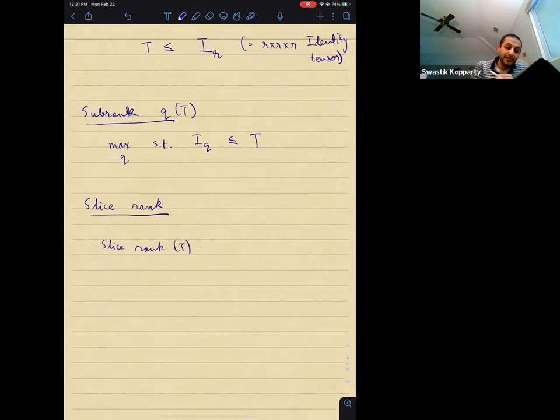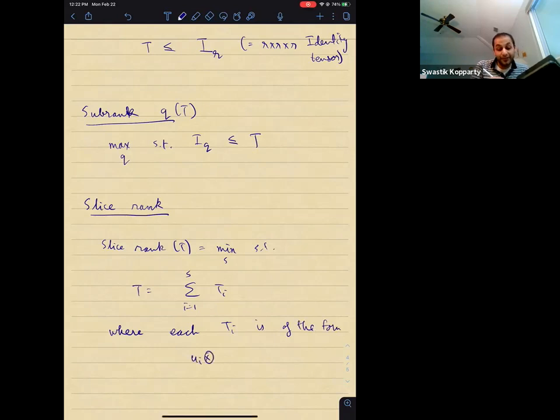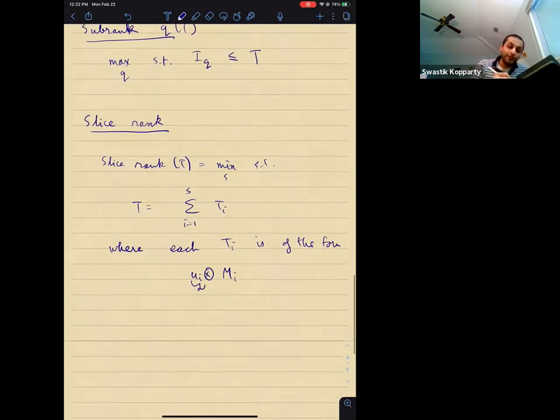of a tensor T is the smallest S such that T is the sum, i going from 1 to S, of things of slice rank 1. Okay, and so T_i, where each T_i is of the form U_i tensor, so this is a one-dimensional thing, and then maybe there's a matrix M_i, and similarly.